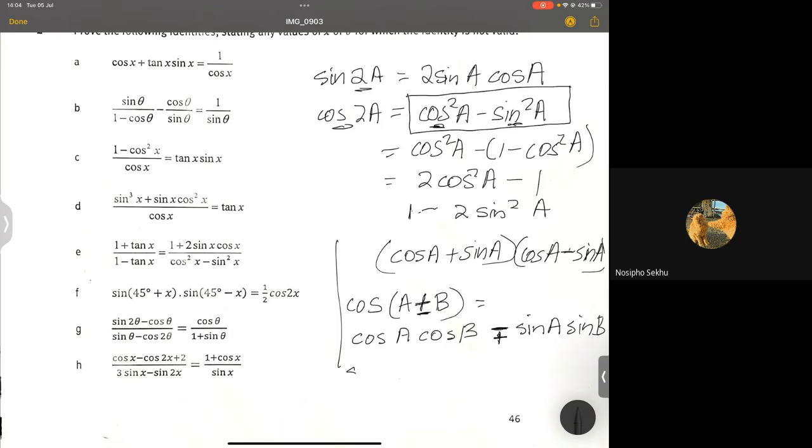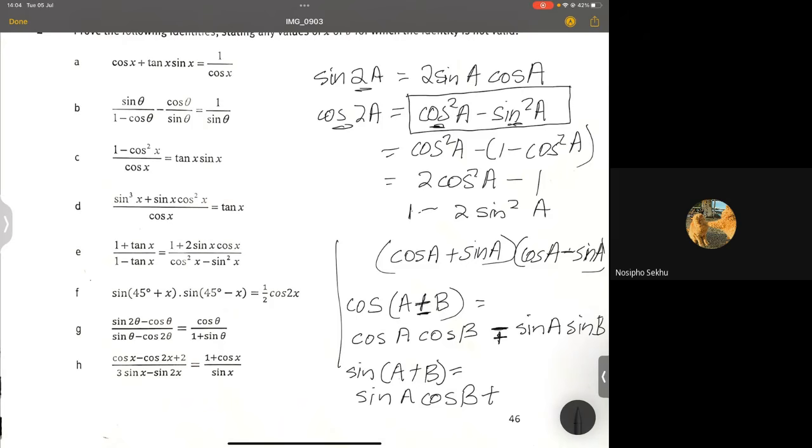Now, when you've got sine of A plus B, this becomes sine A cos B, but this does not change sign.